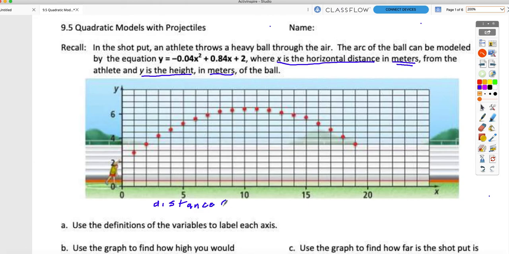And my units are meters, so I'm just going to put an M there so they remember that instead of an FT for feet. And I'm going to make another notation here that says this is horizontal, because that seems to be really tough for people to remember. Horizontal runs this way. So we're doing how far did it go horizontally? And on the y-axis, this is going to be the height.